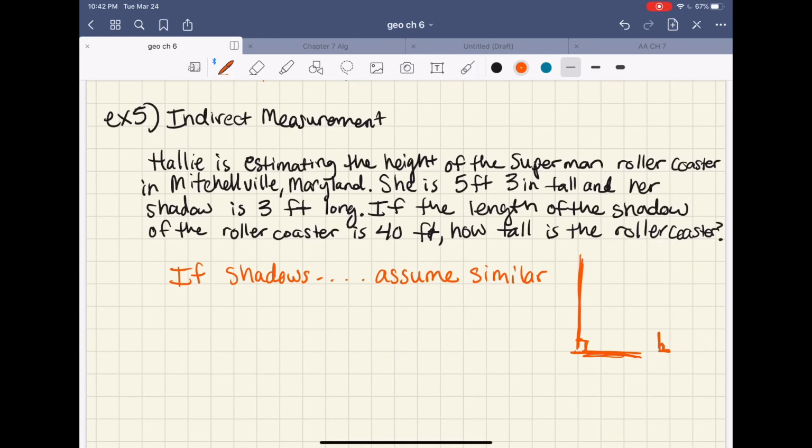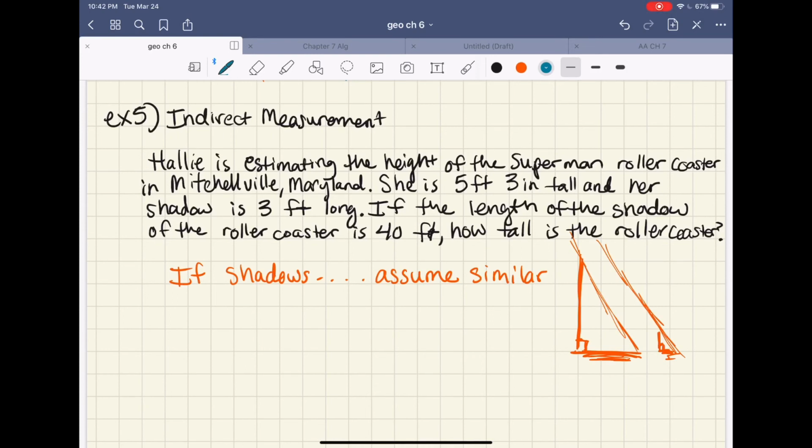This is our shadow on the ground. Shadow. And the angle of the sun would be something like this. That's why we are able to determine these are similar. Because these are similar, we just have to set up a proportion and we'll be all set.